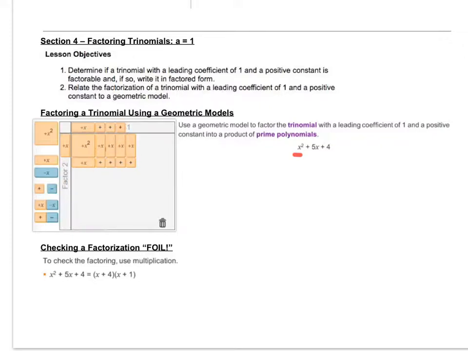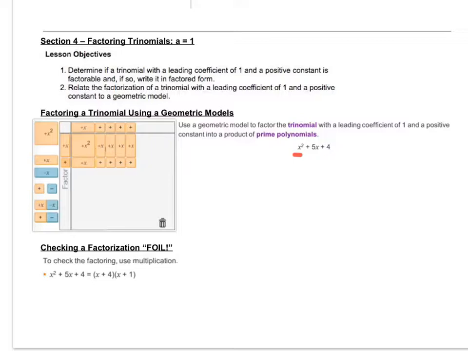You'll have all these different options of things to add or subtract, and then your job is to use this model to factor it. The first thing you want to do is put the x squared block in, followed by 5 of the x's, and then 4 of the individual ones.